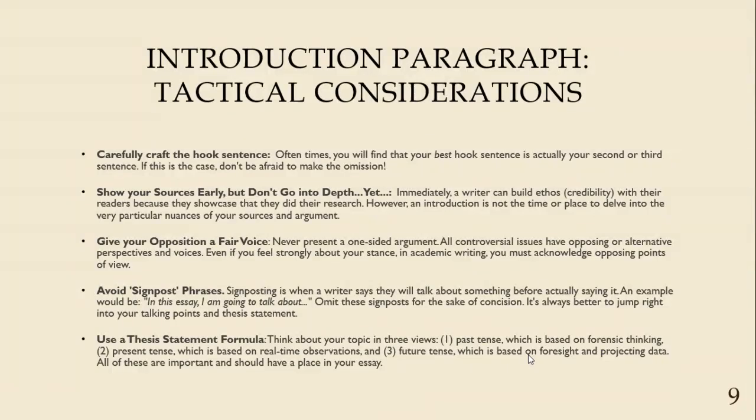So when you're thinking about your arguments, it's a good idea to appeal to all of them in a very balanced approach, where you don't neglect any one of them, but you also don't fixate on any one of them.